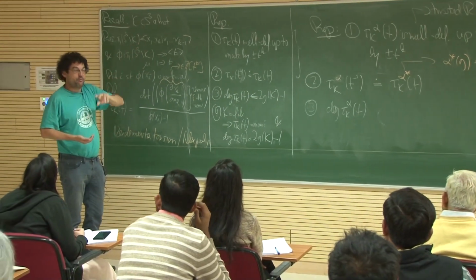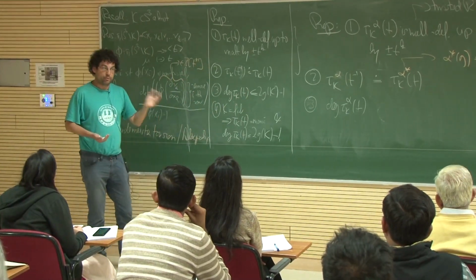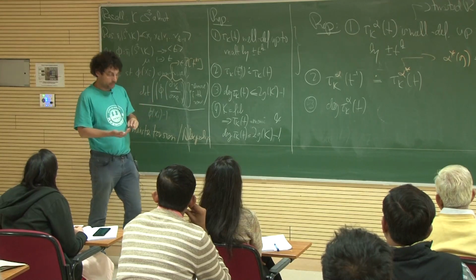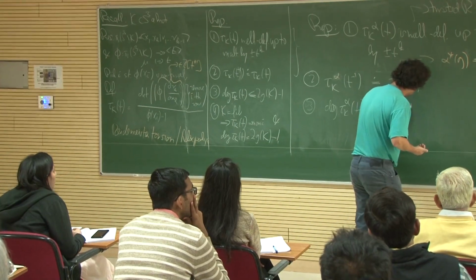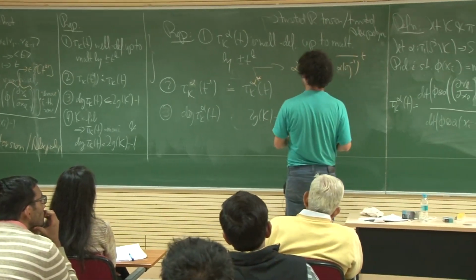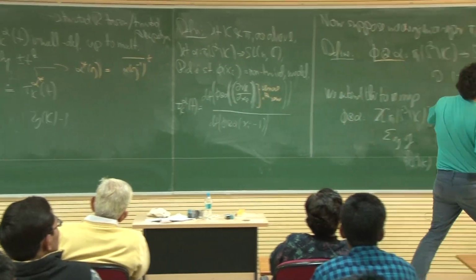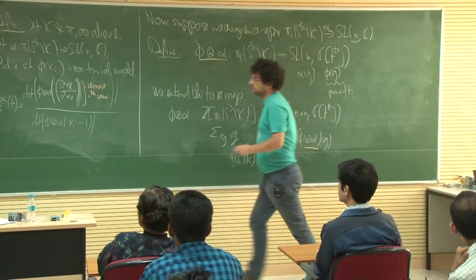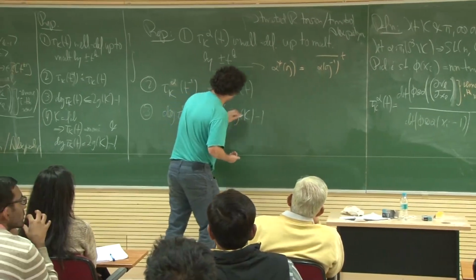You just stare at it for 5 minutes, and at the end you see the formula here. And you do exactly the same proof. Nothing changes, except that you pick up a factor of n. So you get here less or equal than n.